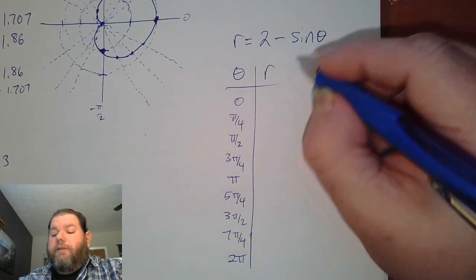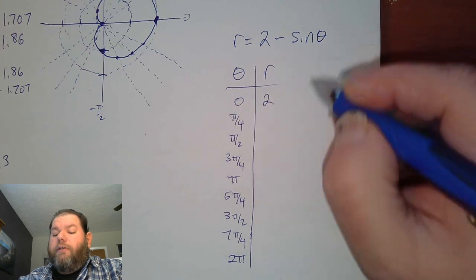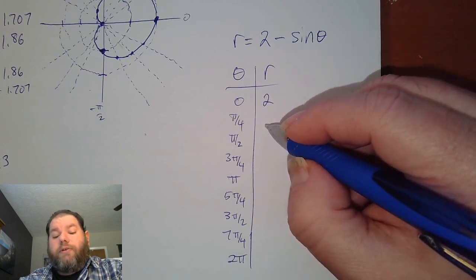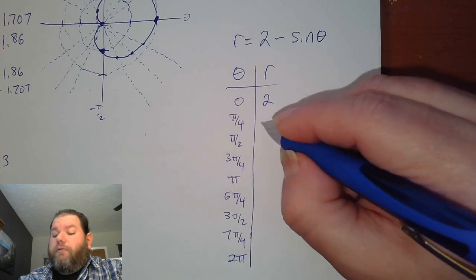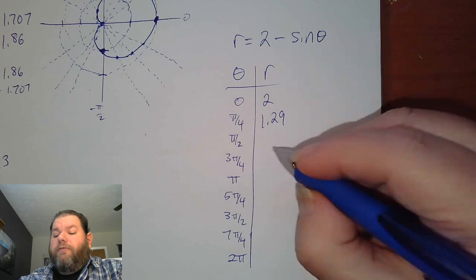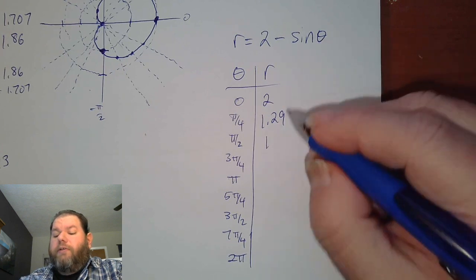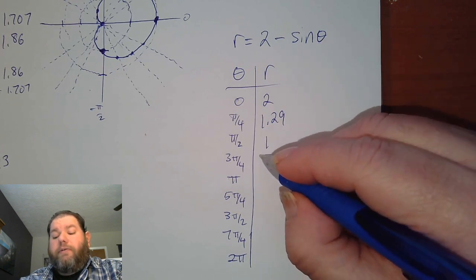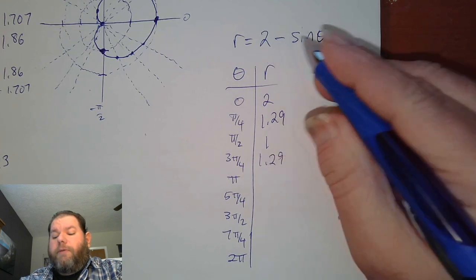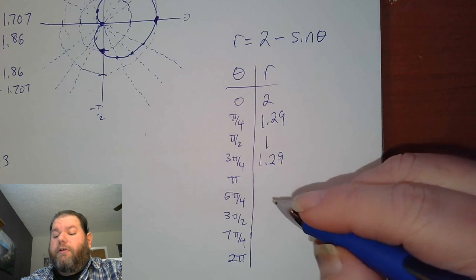Sine of 0 is 0. Sine of pi over 4 is root 2 over 2. That's, what is that, 1.29. Sine of pi over 2 is 1. Sine of 3 pi over 4 is root 2 over 2, so 2 minus root 2 over 2 is 1.29.